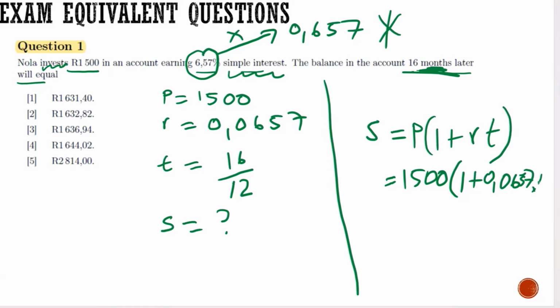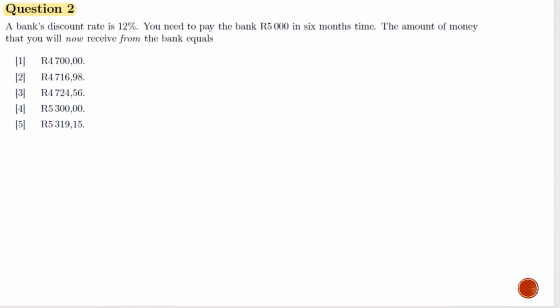The time is 16 over 12. You just plug this into your calculator. You'll find that your answer is 1631,40. This is somehow straightforward. Let us look at this one and see if there's anything interesting about it.